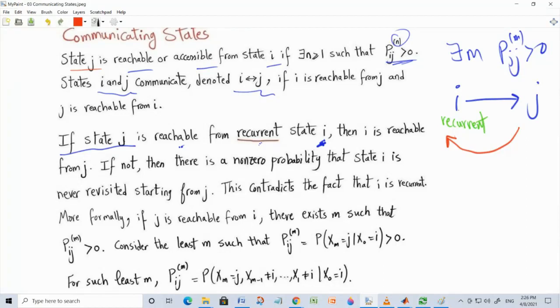But this contradicts the very concept that i is a recurrent state.